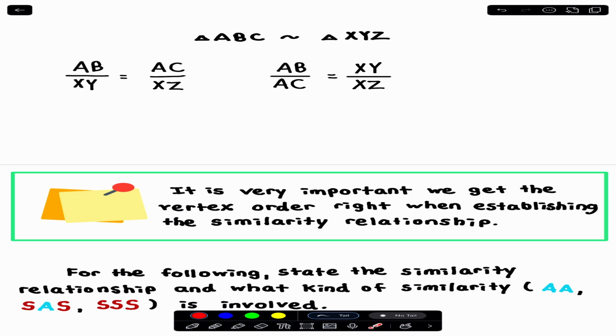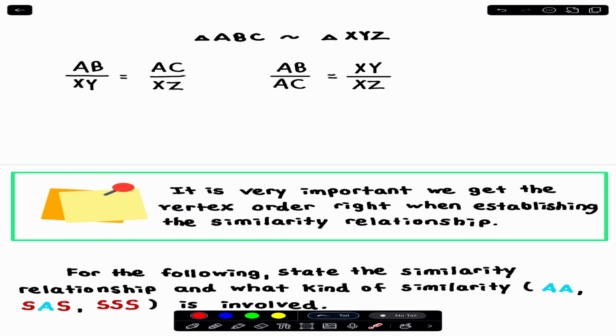Then let's pretend this B isn't even here. We end up with AC. And let's pretend this Y isn't even here. We end up with XZ. And that's how you get AC over XZ. And this method will always work. Trust me.